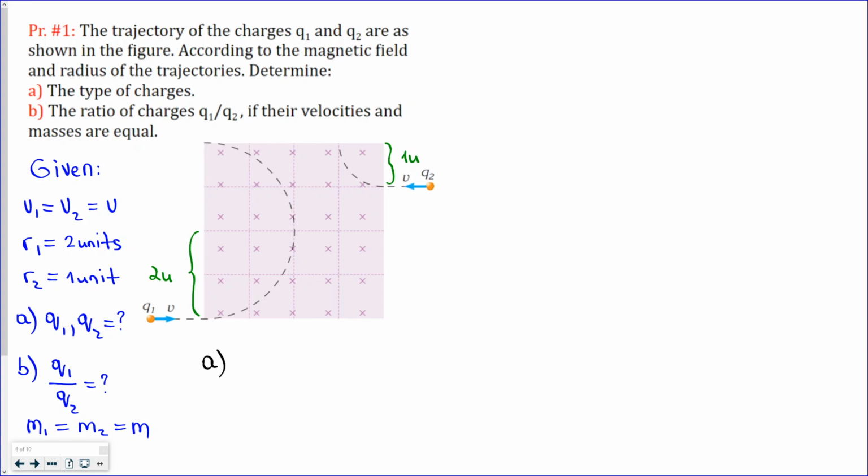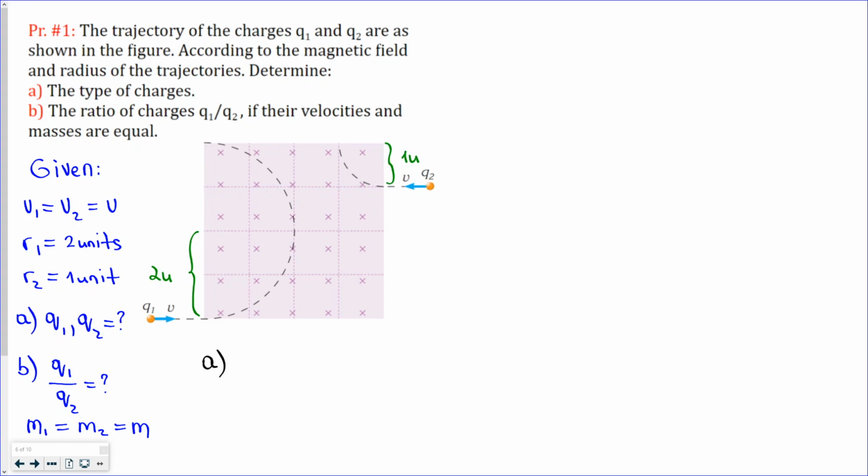Okay, to find the type of the charge, we must use the right-hand rule. And if the right-hand rule can be applied to the situation, it means we have a positive charge. And if the right-hand rule can't be applied to the charge, it means this is a negative charge.